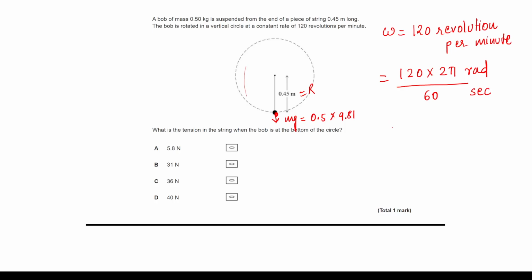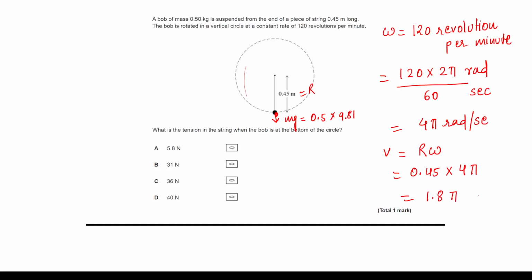So that becomes 4 pi radians per second. I got my omega. What's the tension in the string? I'm also going to calculate v. v equals r omega. r is 0.45 times 4 pi, which is 0.45 times 12.6, about 5.7.